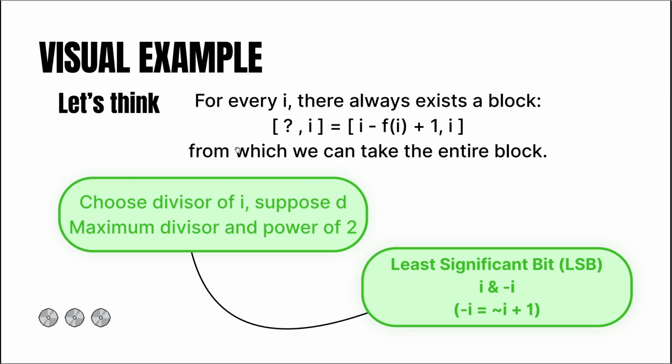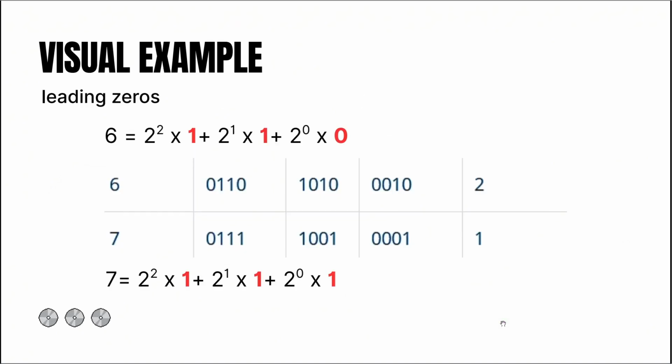The block size is the maximum divisor that is a power of 2, which is the least significant bit, LSB. And remember the plus 1 in the comparison.